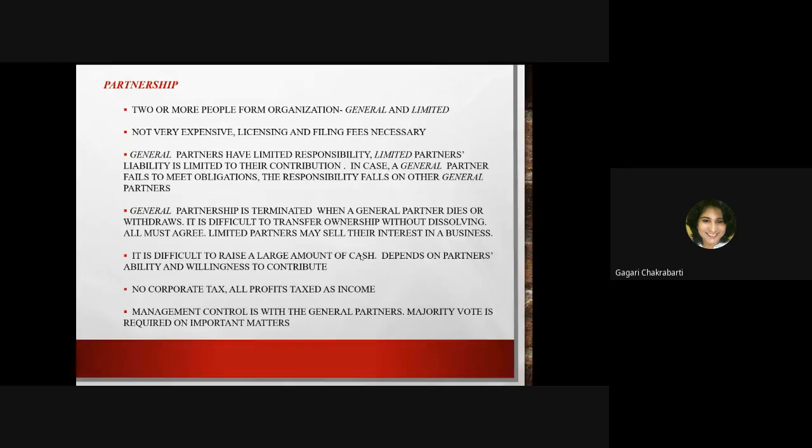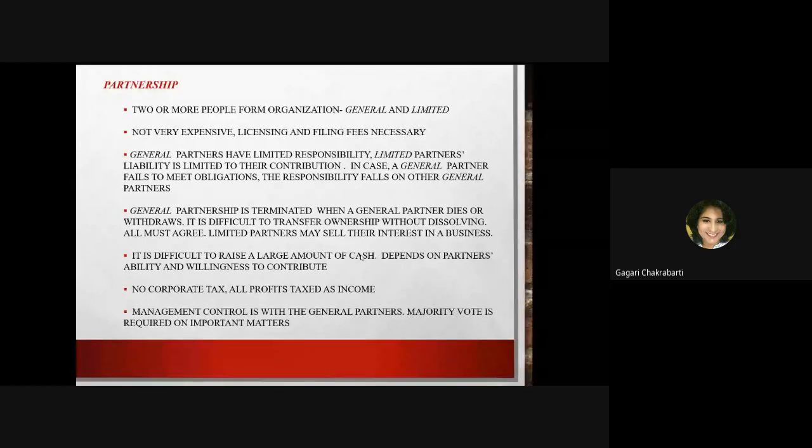In case a general partner fails to meet the obligations, then the responsibility will fall on the other general partner. So far as termination is concerned, the general partnership is terminated when a general partner dies or withdraws.